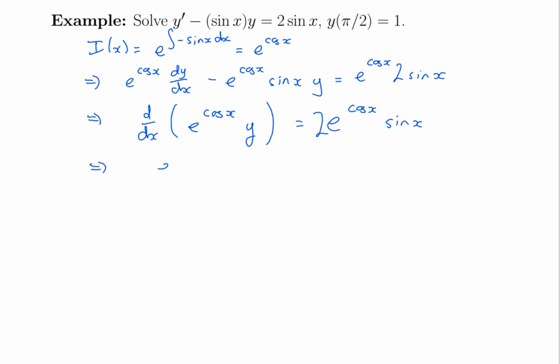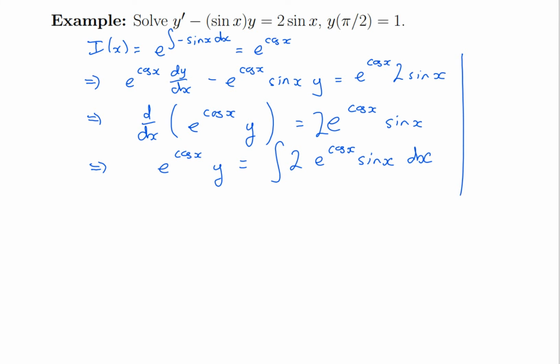So that means that e to the cos x times y must be the antiderivative of 2e to the cos x sine x. So once again I get to practice integration by substitution.